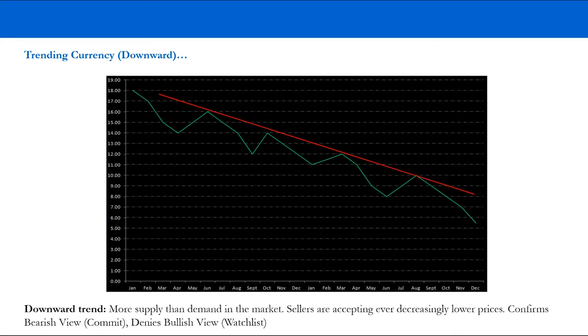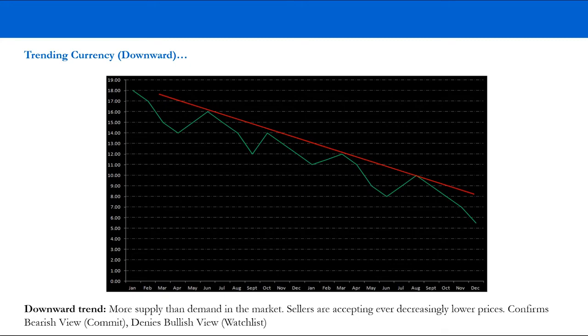So we have a downward trend. Well, we've basically just got the opposite situation as before when we looked at upward trends. We've got more supply than demand in the market, and sellers of the currency pair are accepting ever decreasingly lower prices. And this basically is the opposite to our upward trend in terms of our committal of capital.